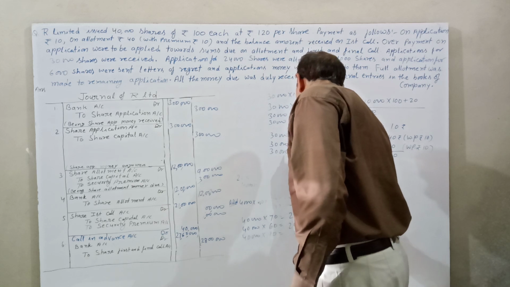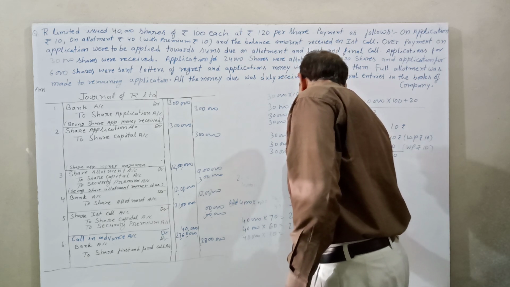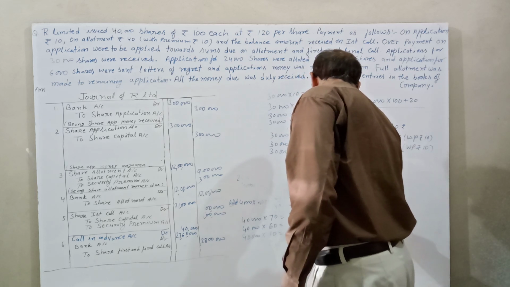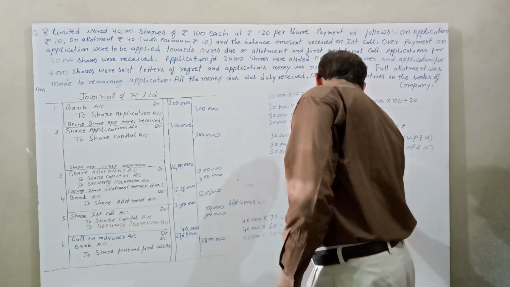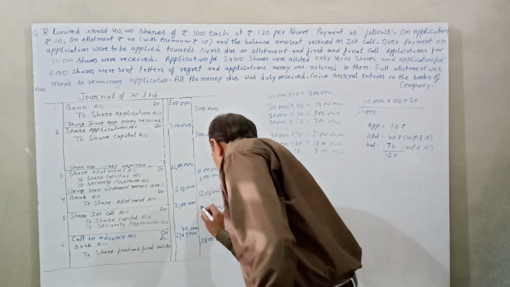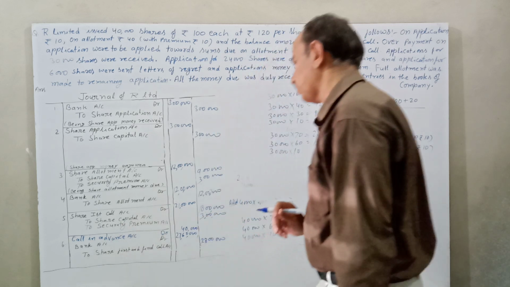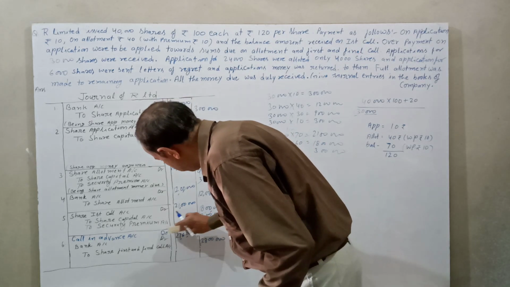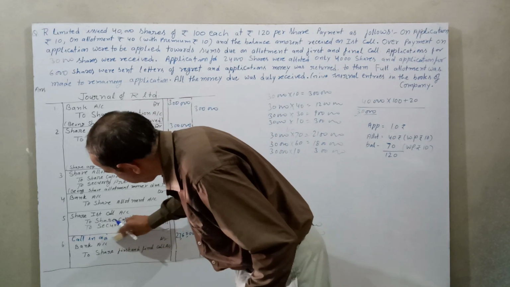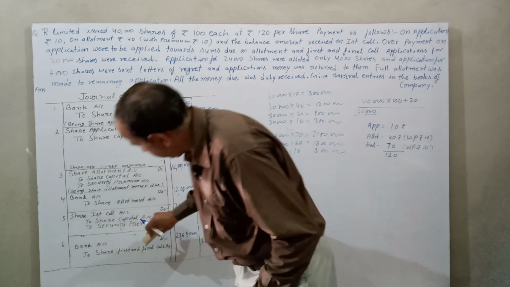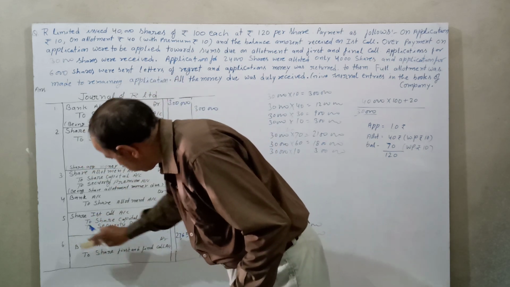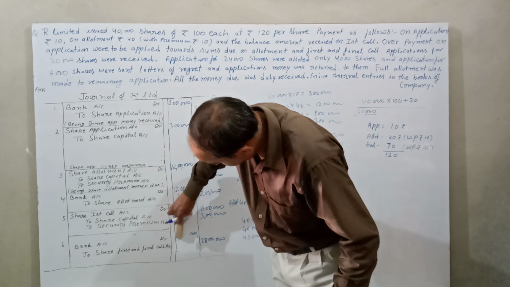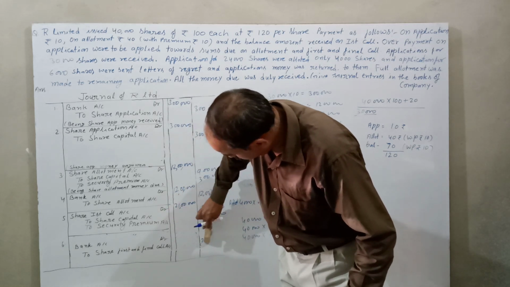We multiply 30,000 by 60 and by 10: 18 lakh of capital and 3 lakh of security premium. No call in advance in this condition, so we cannot make call in advance account debit, and the entry will be passed: bank account debit to share first and final call, and the total amount received by the company is 21 lakh.